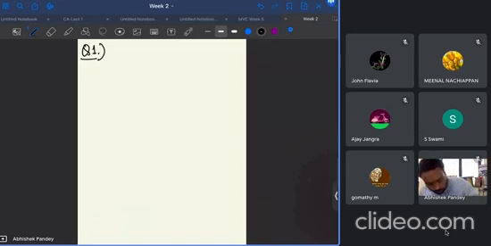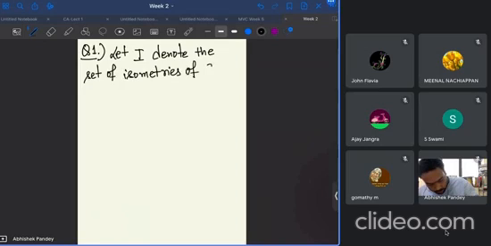So the question is: let I denote the set of isometries of the complex plane C which fix origin.